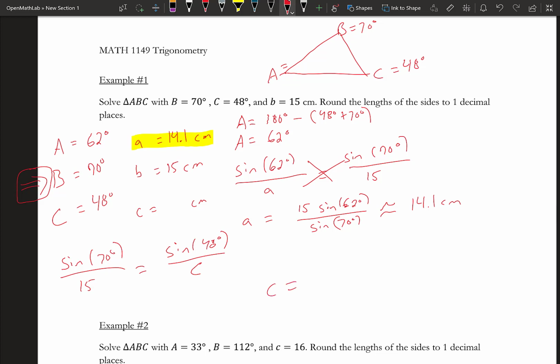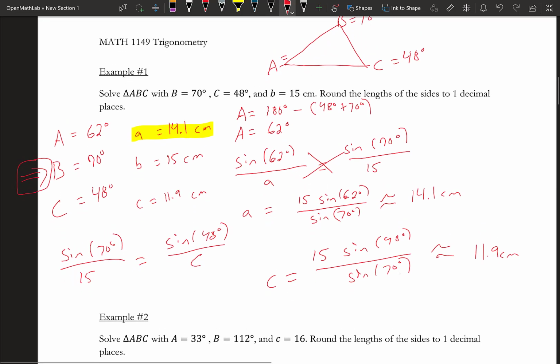So c would equal 15 times sine of 48 degrees all divided by sine of 70 degrees. That's my exact answer. Then the approximation for this is 11.9 centimeters.